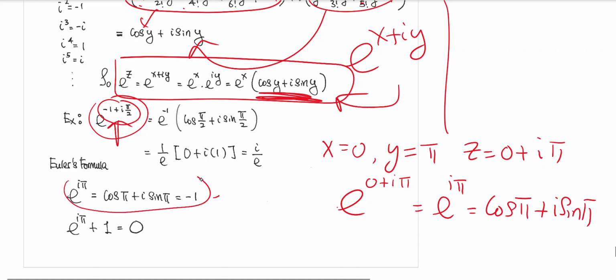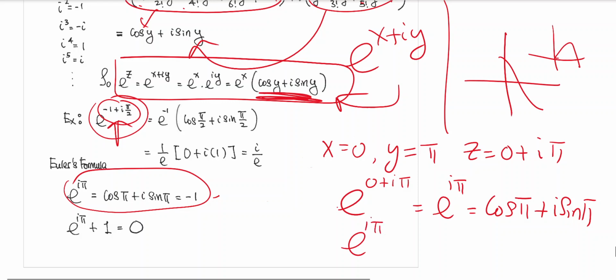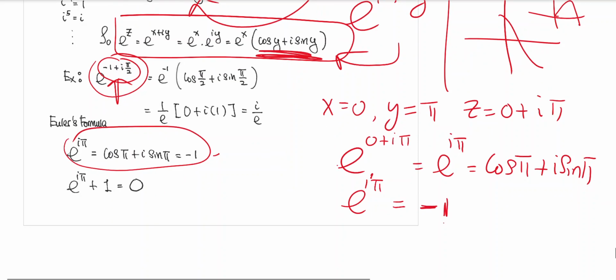And cosine pi is -1, sine pi is 0. So e^(iπ) equals -1. And if you move this around, you will have e^(iπ) plus 1 equals 0.